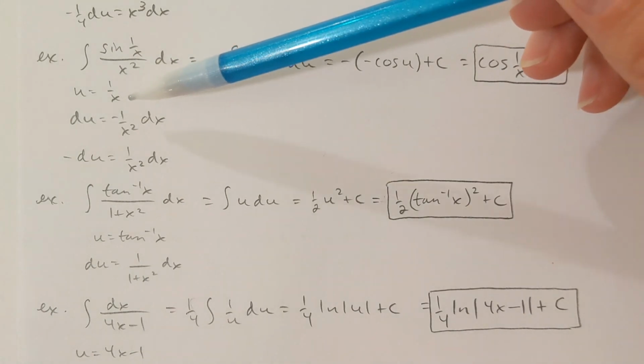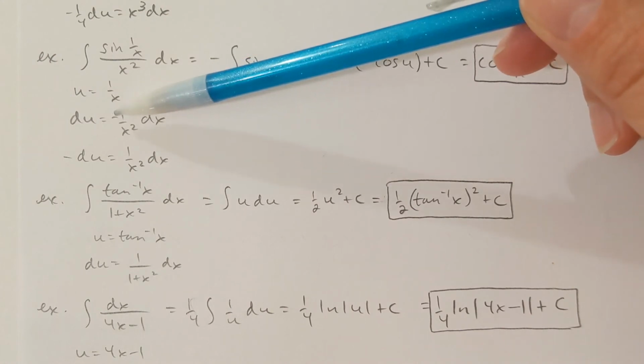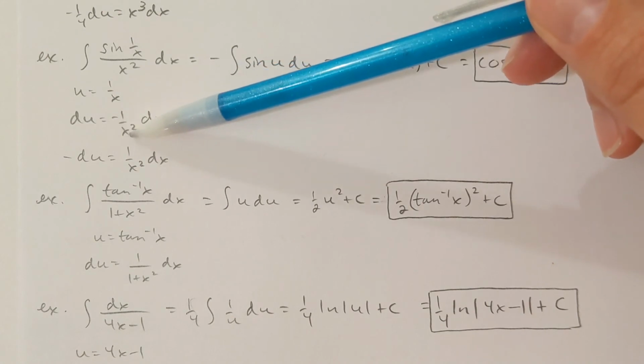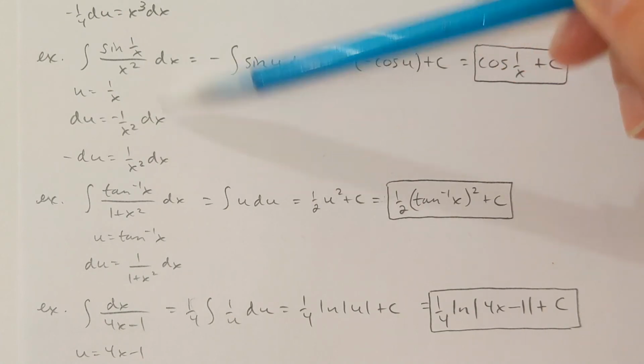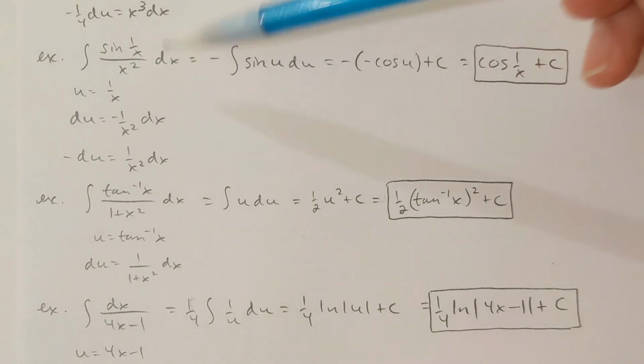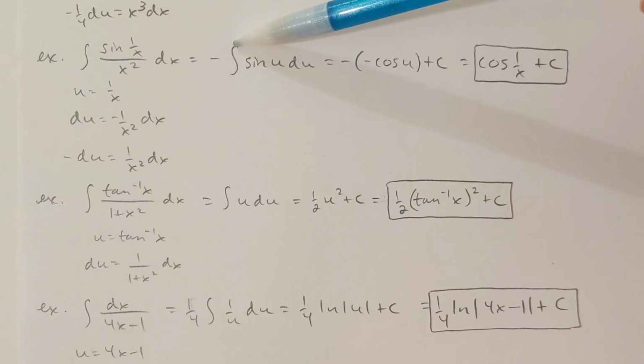In this problem, if I were to let u be 1 over x, or x to the negative 1, then du would be negative x to the negative second, or negative 1 over x squared dx. And I've got a 1 over x squared dx there, so I'll be able to knock out that part completely. I'll have a negative 1 coming out of my new integral involving u.